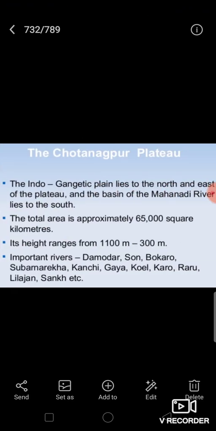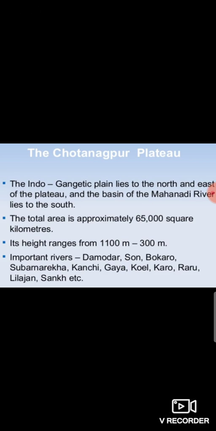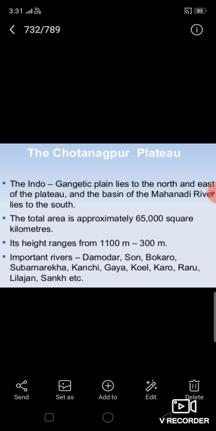The Indo-Gangetic Plain lies to the north and east of the plateau, and the basin of the Mahanadi River lies to the south. The total area is approximately 65,000 square kilometers. Its height ranges from 1100 meters to 300 meters.